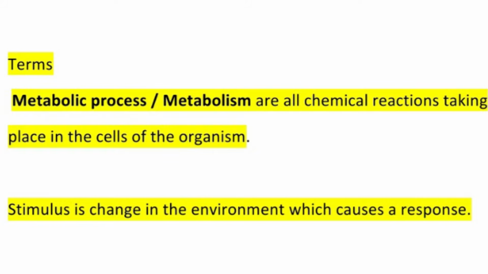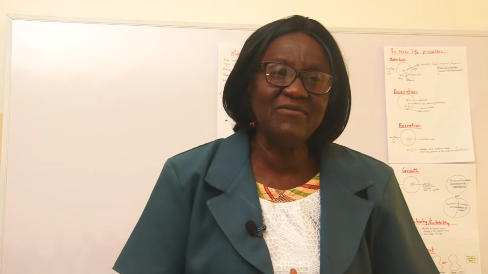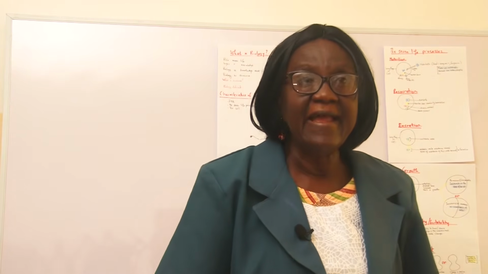Metabolism are chemical reactions in the cell. Then another term we will meet is stimulus. Stimulus is change in the environment which causes or elicits a response. Any change in the environment that causes the living thing to do something else is stimulus.